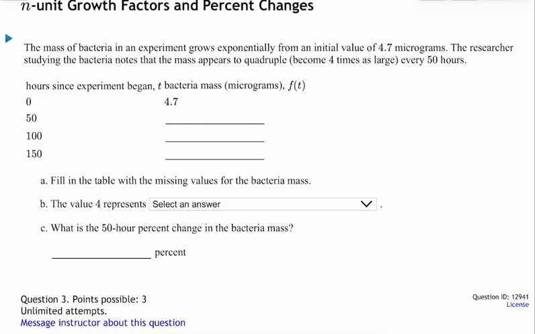Let's fill out the chart. So if yours is 5.2, 5.5, you're going to multiply by 4. Here I'm going to do 4.7 times 4 because that's what mine is. Whatever yours is, multiply by 4, and you're going to keep multiplying by 4 each time. Mine's 18.8, then I multiply by 4 again and it's 75.2, and I'm going to keep multiplying by 4.